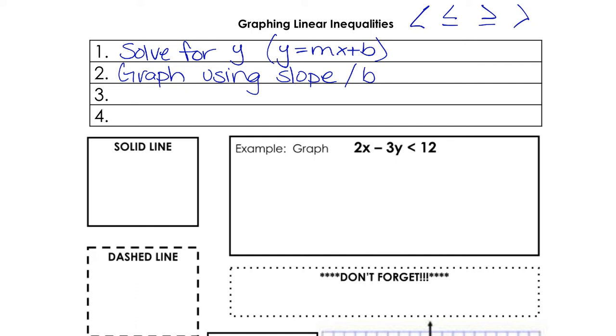The next thing we're going to do is decide, is the line solid or dashed? And of course, we know it's solid when it's equal to and dashed when it is not. The other piece that's going to be a little different is we're going to be doing some shading. So we're going to shade above or below.